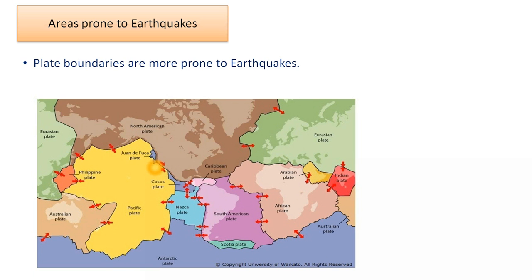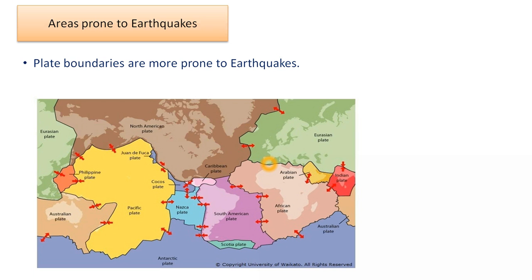Because just consider any two plates here. If these two plates tend to collide, the maximum impact will be at their boundaries. Similarly, if these two plates collide with each other, the maximum impact will be along this boundary, this black outline, right?